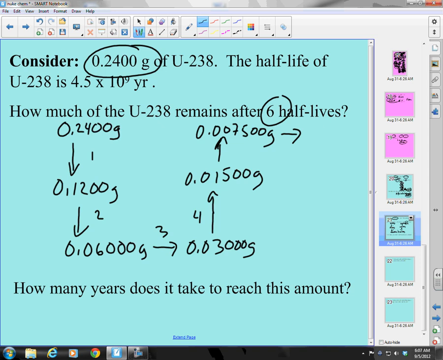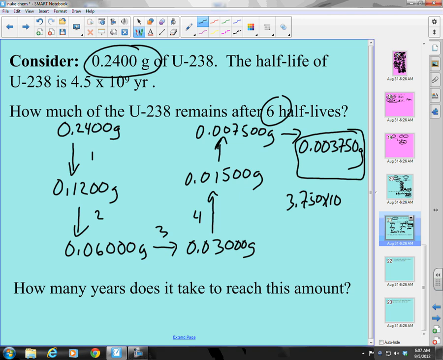And let's make sure, I don't want to screw this up. Divided by 2, yes, I can still divide by 2 in my head. Divided by 2, just to be safe, 0.003750 grams. I believe my answer is this.